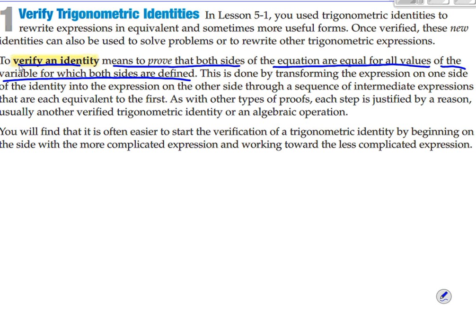You'll find it's often easier to start with the verification of a trig identity by beginning with the side that's more complicated and working towards the less complicated side. And we'll even do a strategy where maybe both sides seem kind of complicated and we don't know which one to start, but we might work with the left side for a little bit and work with the right side until we can get them to be the same thing, and then back-write one of those sides so that it goes from one side to the other.